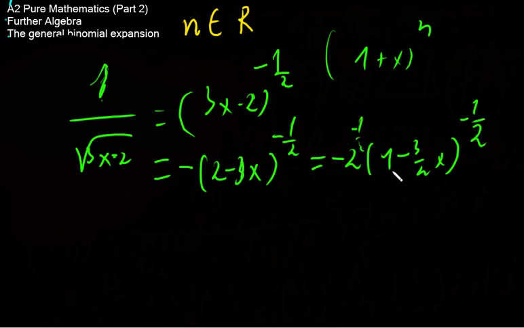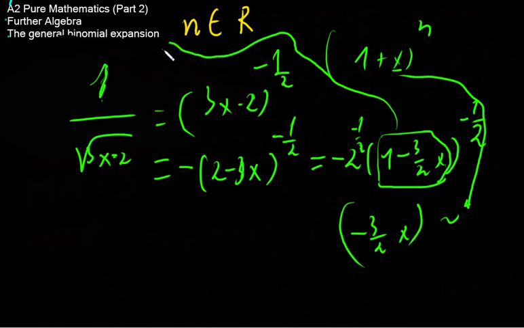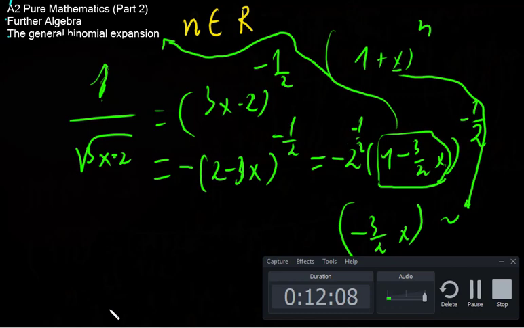So this is another way in which you can get it, and in this case minus 3 over 2 x is considered as x in this equation. By taking out a constant value, you actually achieve that, and with this equation you can use the general binomial expansion. So that is mostly what you need to know about the general binomial expansion.